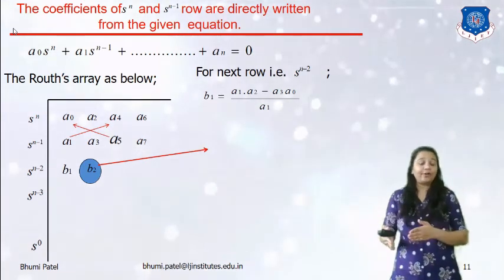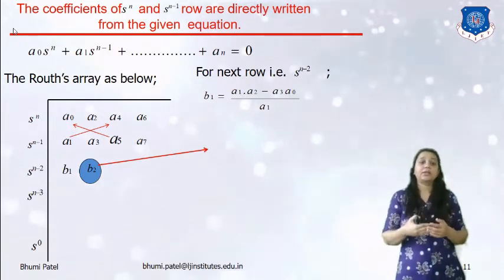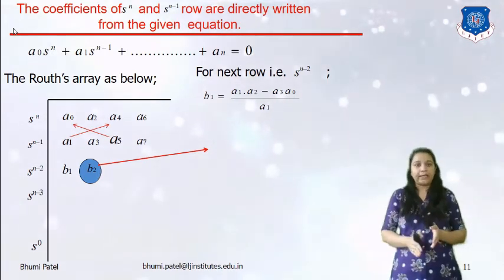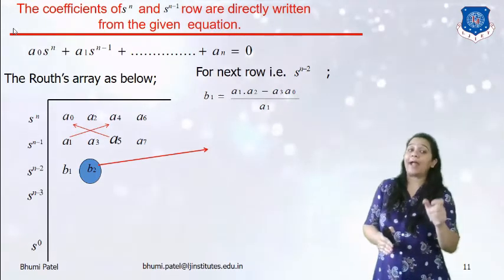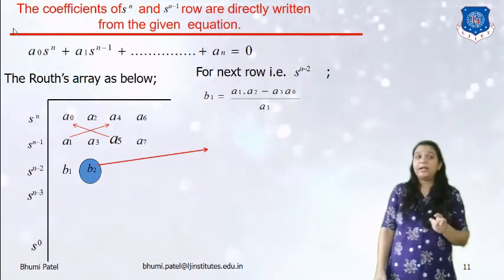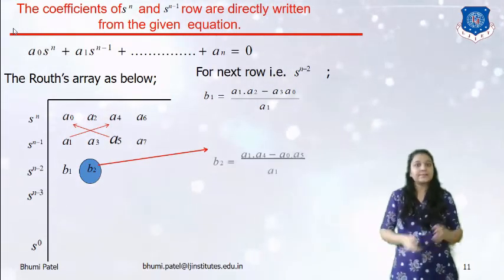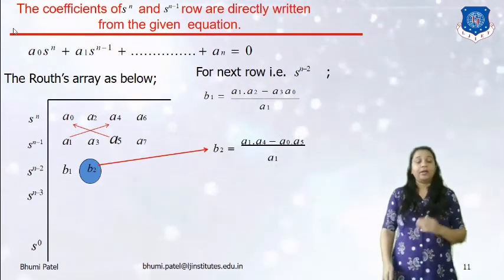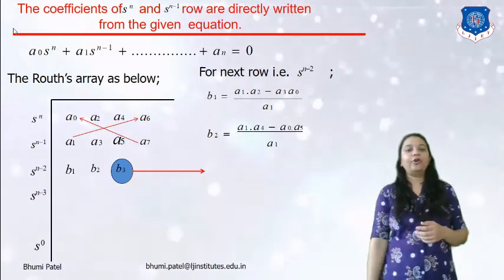For b2, we always consider the first column, the second column we skip, and we consider the third column. So the equation of b2 is the cross multiplication of a1 into a4 minus a0 into a5, divided by a1.